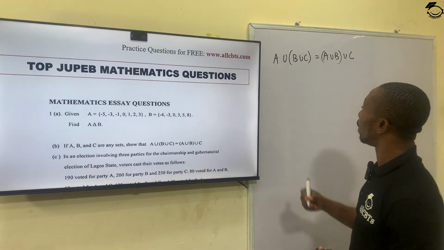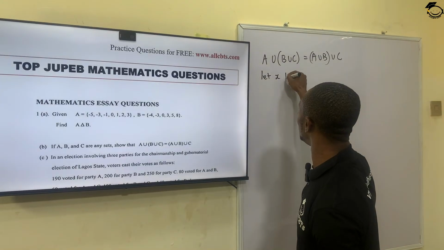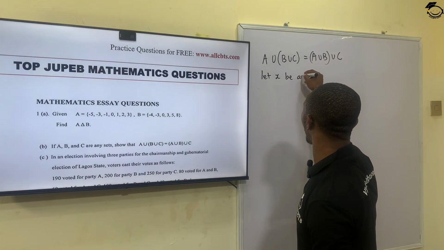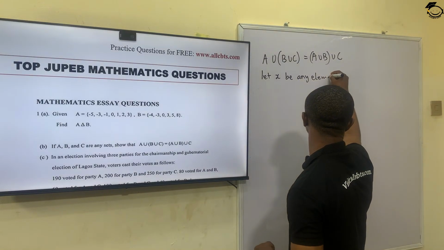First, for us to prove that, let X be any element of A, B, C.